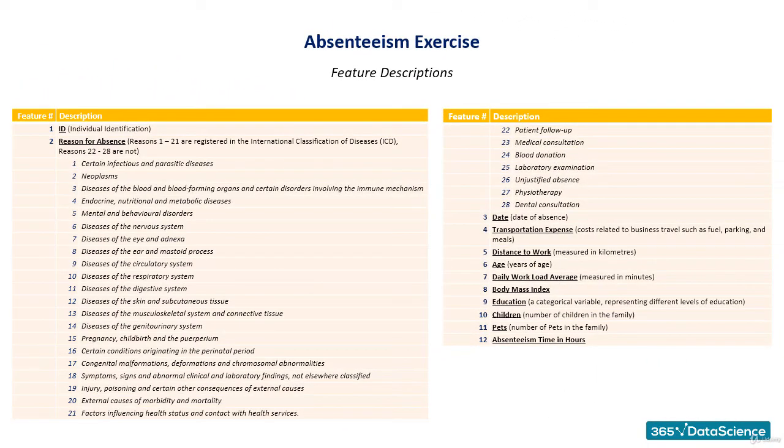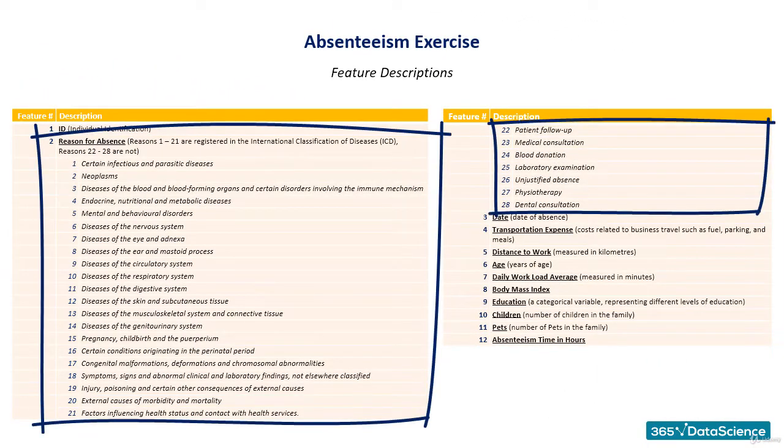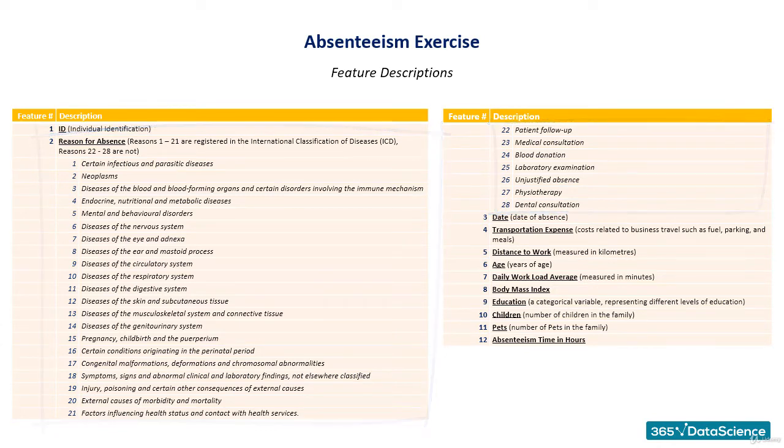Look at this table with explanations of all possible reasons for absence. You'll see that reasons 1 to 14 are all related to various diseases. This could constitute our first group, or class. The second class, instead, could include reasons from 15 to 17, as they are all somehow related to pregnancy and giving birth.